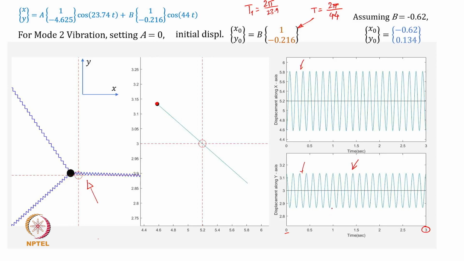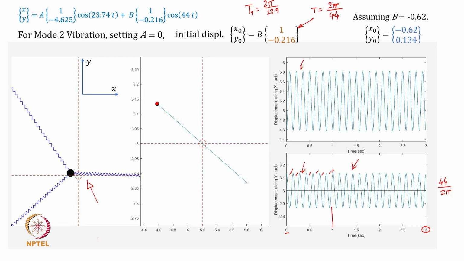If you count the cycles, 44 radians per second divided by 2 pi is roughly 7 hertz, or 7 cycles per second. You can see 1, 2, 3, 4, 5, 6, 7 cycles getting completed in 1 second. So it is matching the numeric value of the second natural frequency that we have obtained.